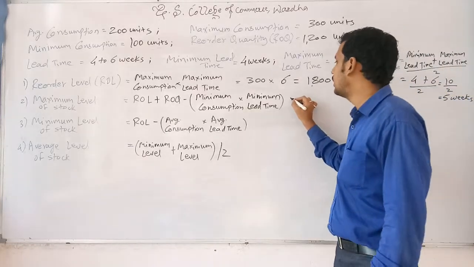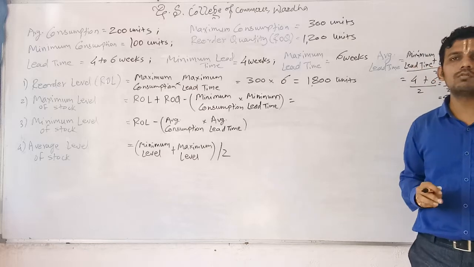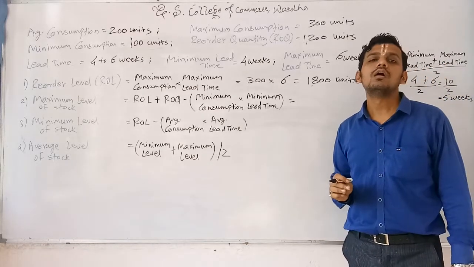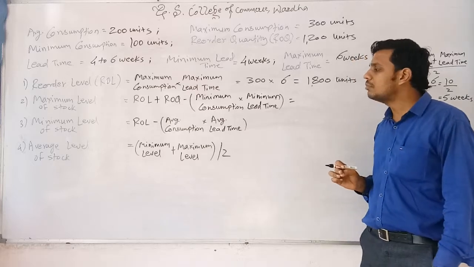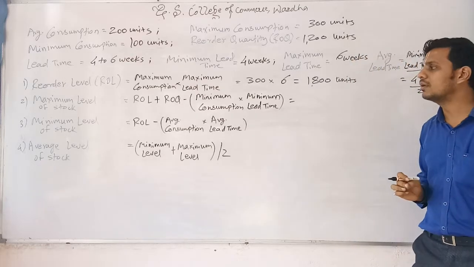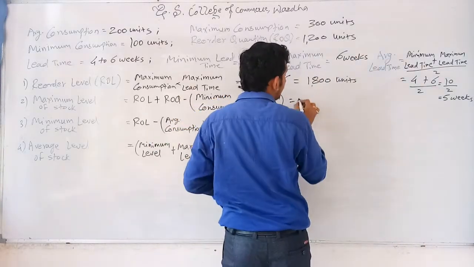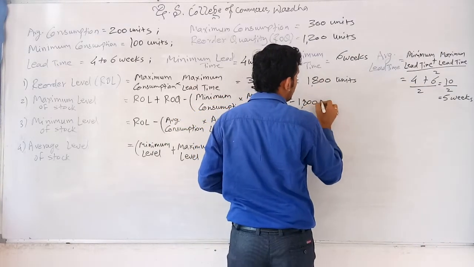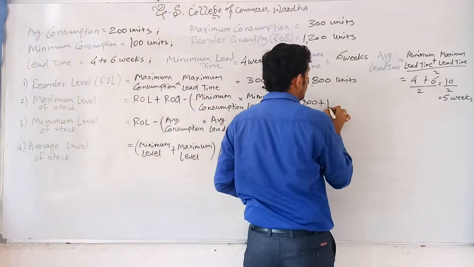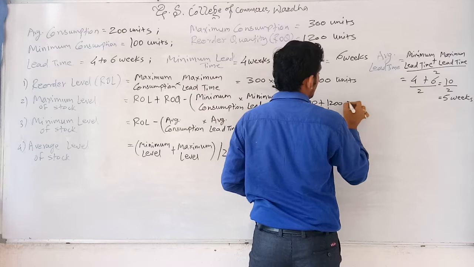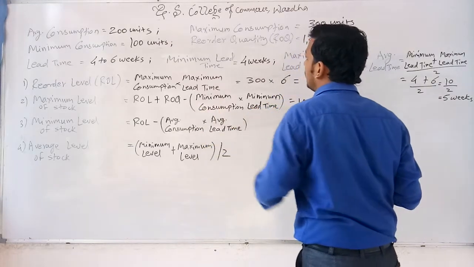Now we will calculate the maximum level of stock. Maximum level of stock has a formula of reorder level plus reorder quantity minus minimum consumption multiplied by minimum lead time. Reorder level we have calculated is 1800 units plus reorder quantity is given in the question, that is 1200 units, minus, in bracket, minimum consumption.